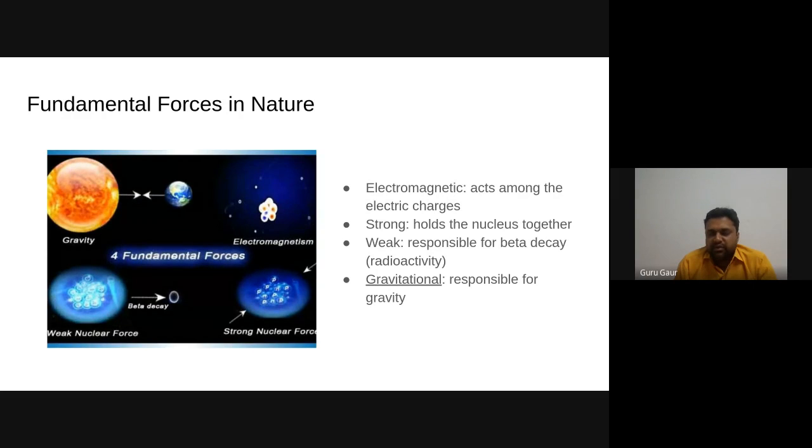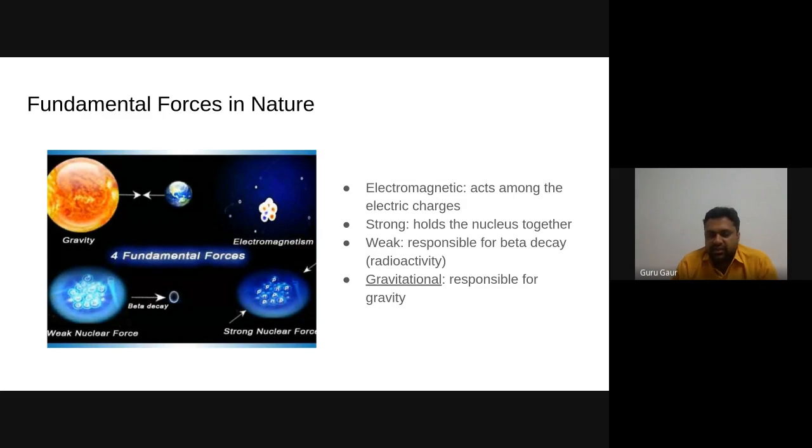And we know that protons are positively charged. So when you try to pack more and more protons inside the nucleus, they will try to repel each other. The strong force holds the nucleus together through the strong interaction, and the weak force becomes active when the number of protons increases and they start repelling each other.